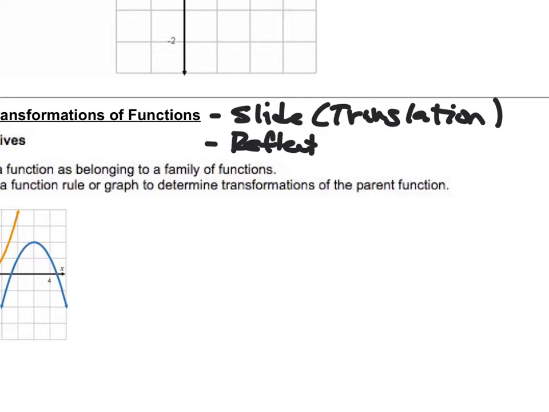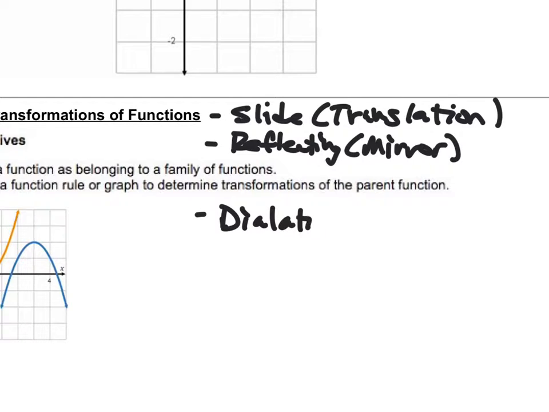Then there's reflecting, which is kind of like a mirror. I wouldn't say we're going to do any rotations today, but slides, reflections, and dilations, which is stretching or compressing.